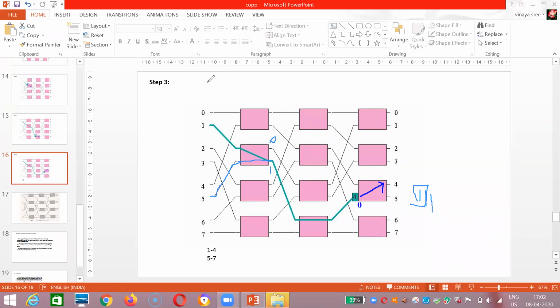If anyone has done it, you calculated it by tracing. Sometimes it passes in the initial stage, but in the middle stage there will be a conflict, so one processor will pass for accessing the memory module and the other processor will be in the waiting state until that path clears. Once that path is over, the other processor will get a chance.